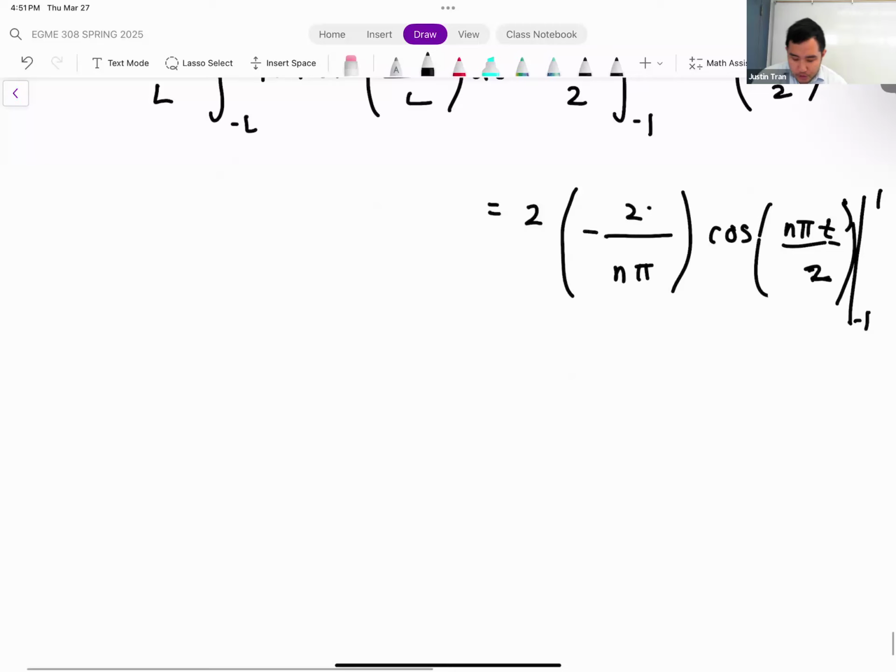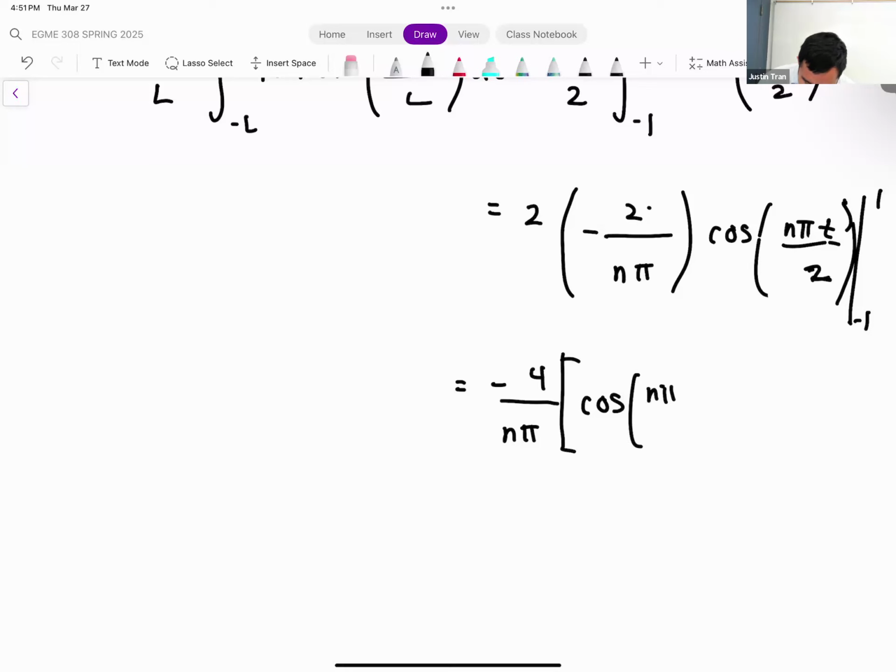And so let's plug in those integration bounds. And so we have -4 over n pi multiplied by cosine of n pi over 2 minus cosine of minus n pi over 2.